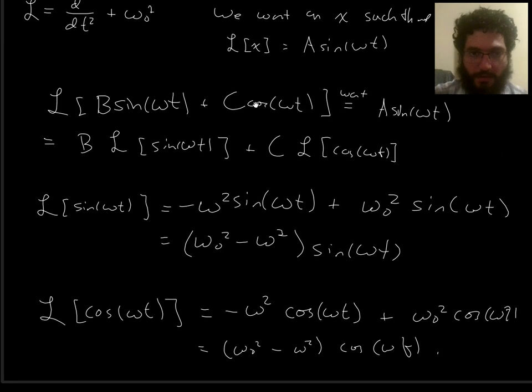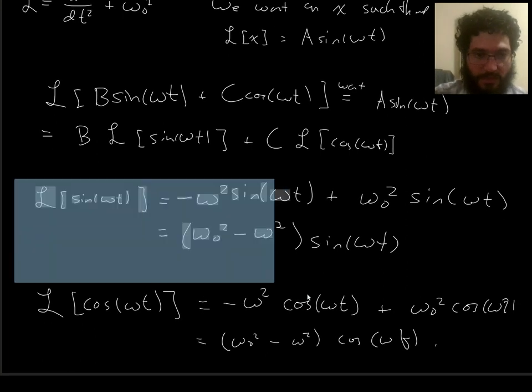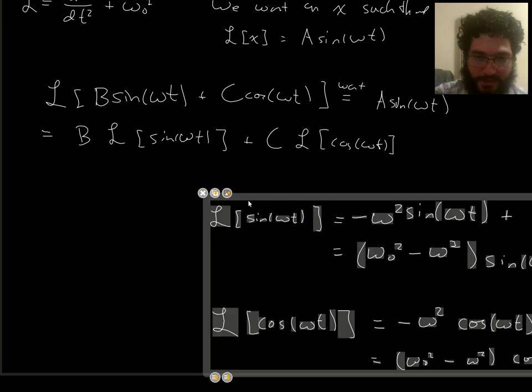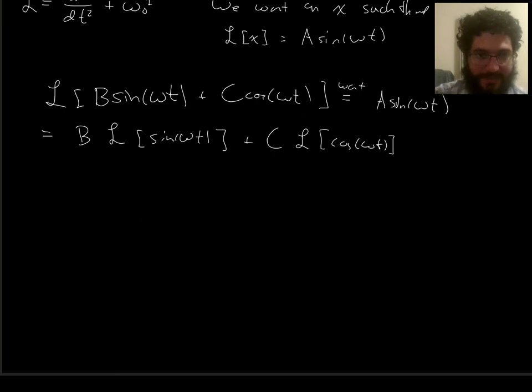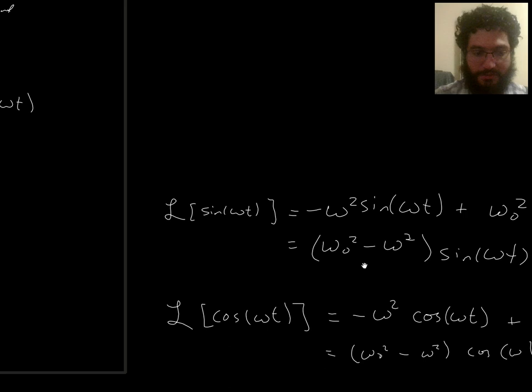So now I know what this is. It's b times this, which is this, plus c times this, which is this. So let me get this kind of scratch work out of the way and just write down what I got. Here I got b times, and it was sine, I already forgot what it was. Excuse me.